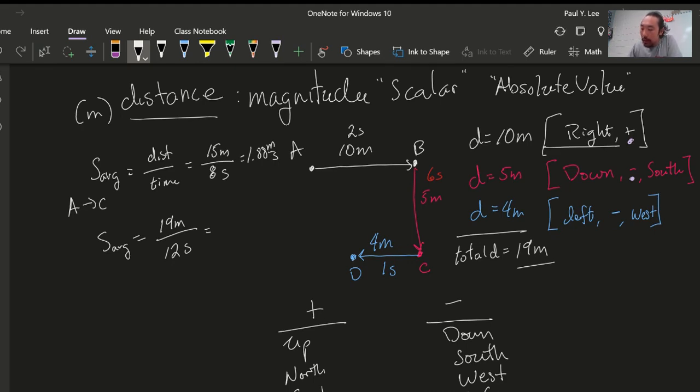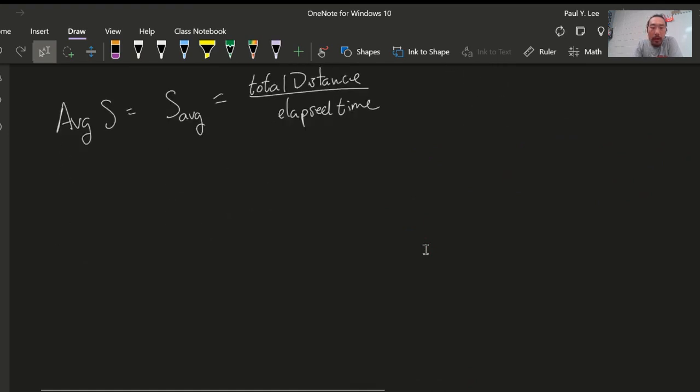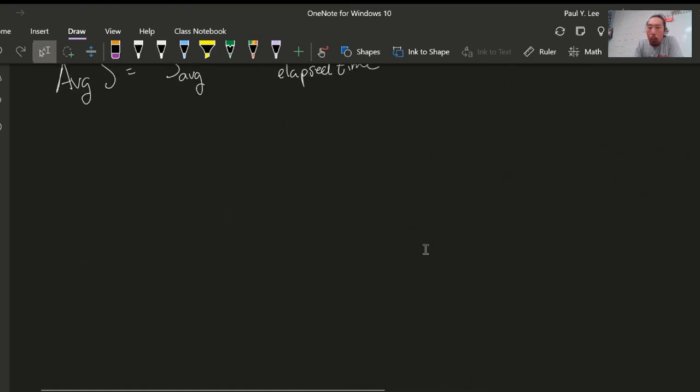I'm going to plug that into my calculator, and we get 1.58 meters per second as my average speed. So average speed is just the distance that you traveled for the period of time that you're looking at.